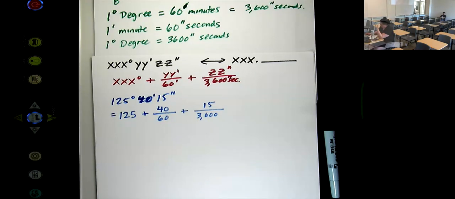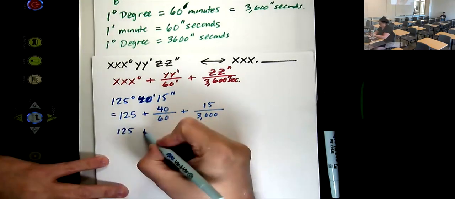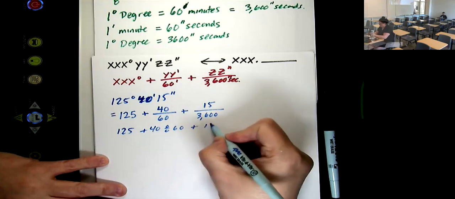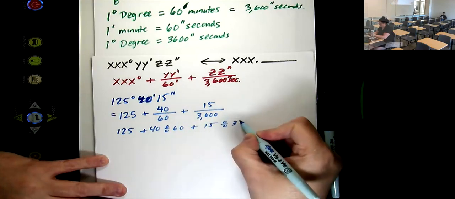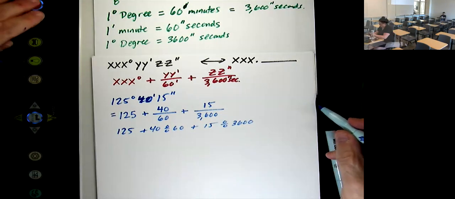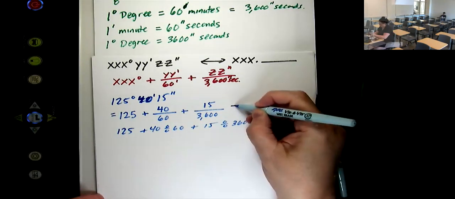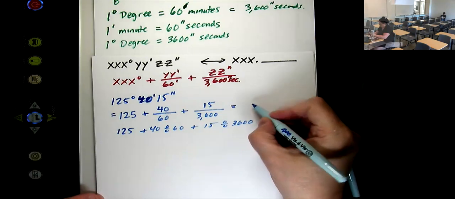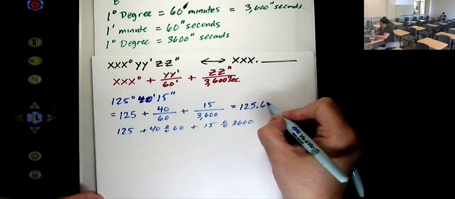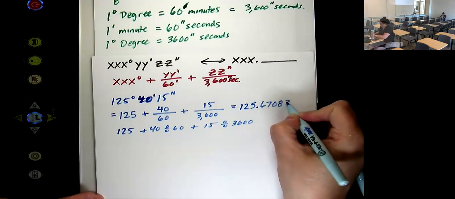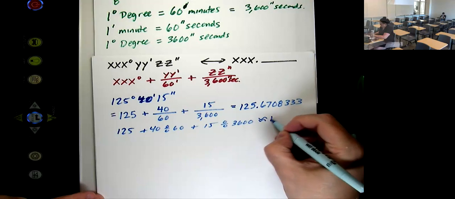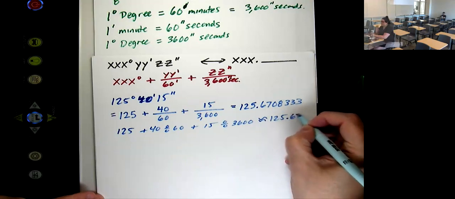If you put it straight in, 125 plus 40 divided by 60 plus 15 divided by 3,600, in that order, you're good. You don't need to worry about parentheses. You should get 125.6708333, or about 125.671 degrees.